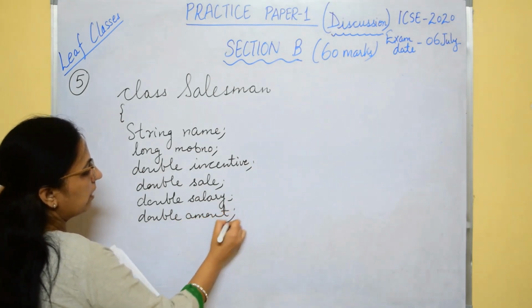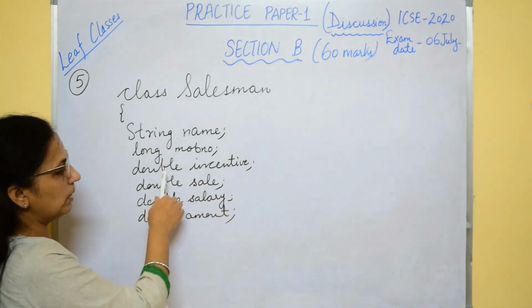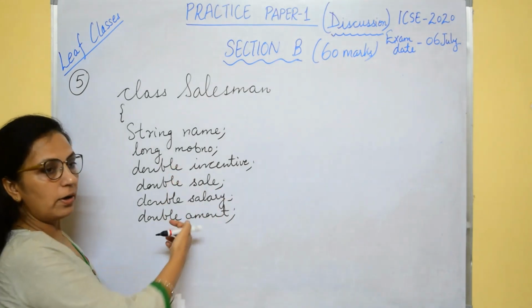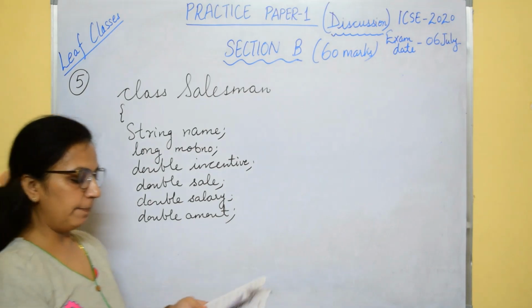All these double type variables you can declare like this also: double incentive, comma sale, comma salary, comma amount, or on different lines like I have done here.